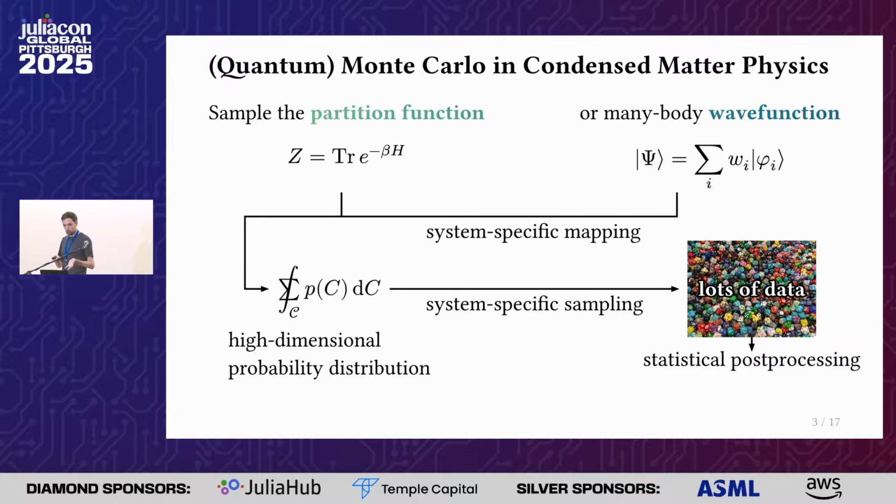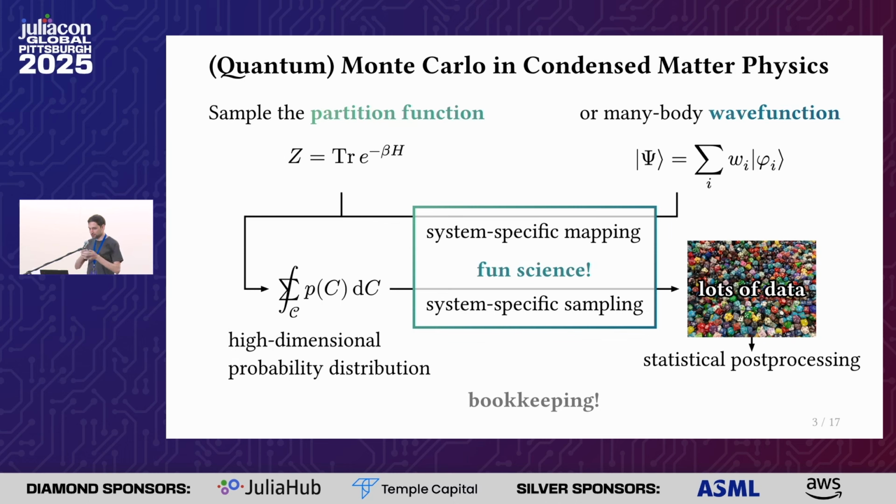So if you look at this whole program, you can divide it into two parts. One is the system-specific part, which I call the fun science, where you really drive the field forward by innovating new methods and trying to optimize your algorithm. And the rest is basically the bookkeeping that always stays the same.